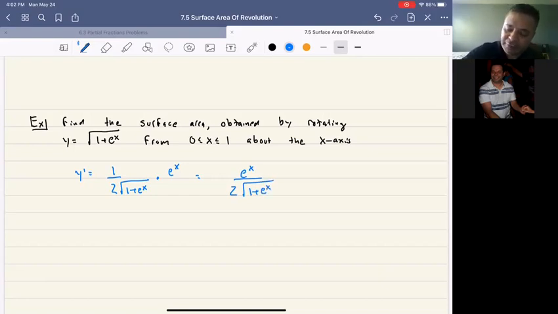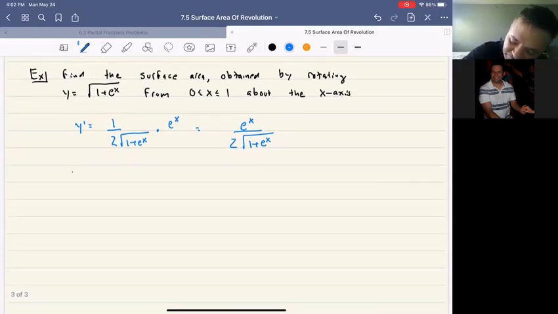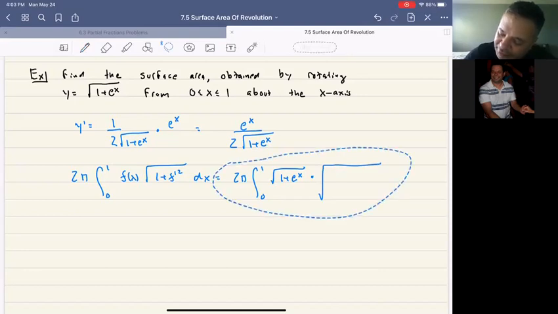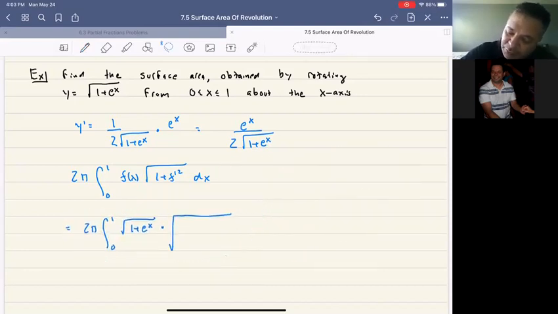Okay, so remember, our formula is we're going to take 2 pi, the integral from 0 to 1, f of x, square root of 1 plus f prime squared dx equals, in this case, f of x is square root of 1 plus e to the x times square root of 1 plus, now we're going to square this.